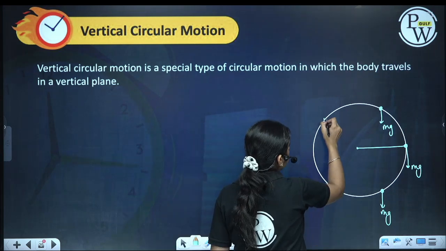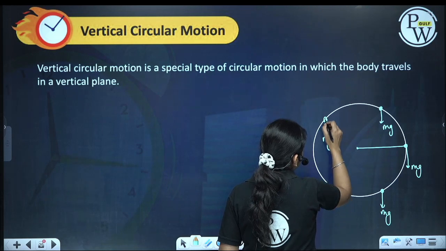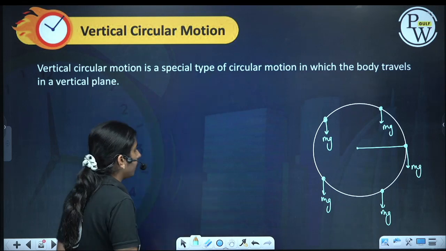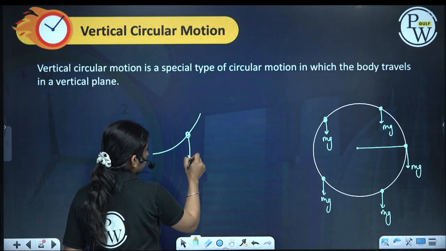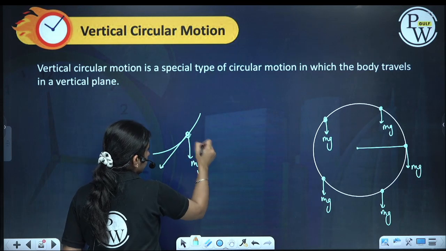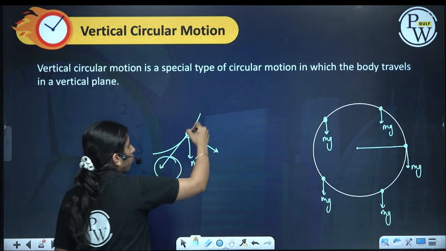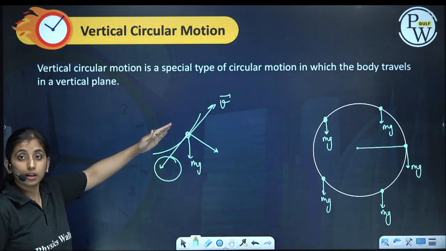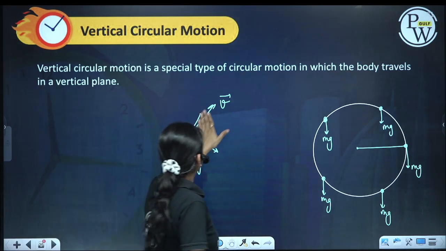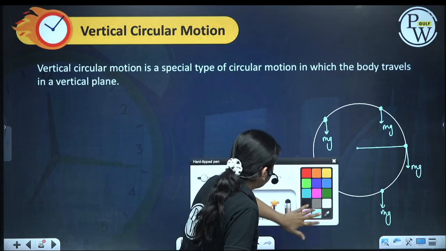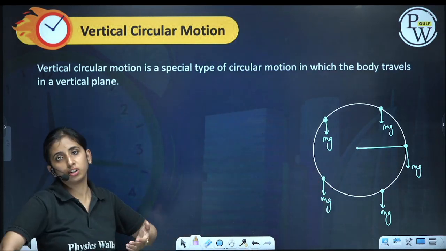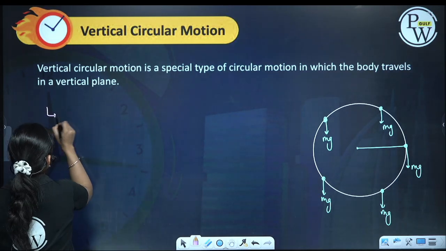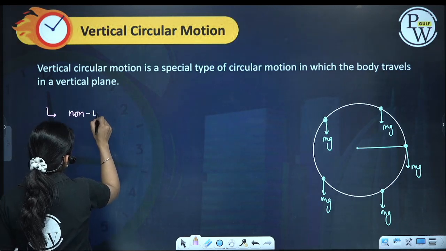Due to this mg force, what will happen? This is my mg force acting vertically downwards; resolve it into two components. Velocity will be along the tangent, and this component of mg is opposing the velocity, so it is non-uniformly accelerated circular motion. It is having some tangential acceleration.